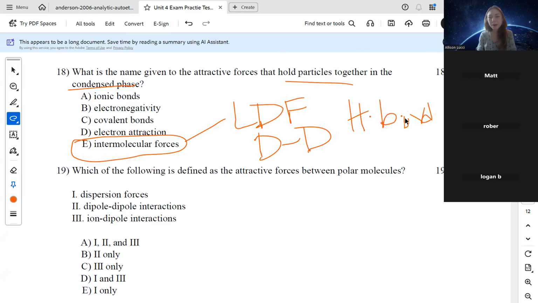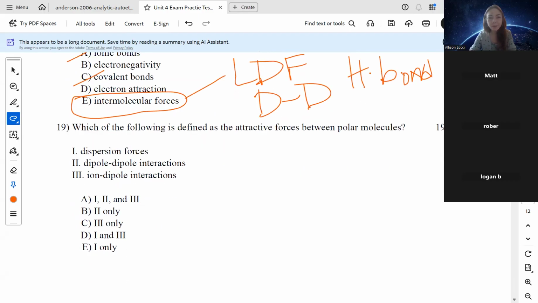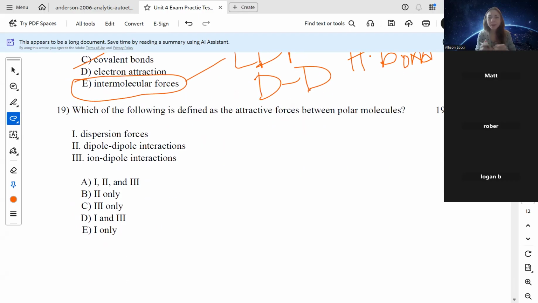So any of those 3 are the intermolecular forces that hold particles together. The intramolecular forces inside the molecules, those would be like covalent bonds. So ionic bonds wouldn't apply, because that's intramolecular, inside the molecule or inside the ionic compound.